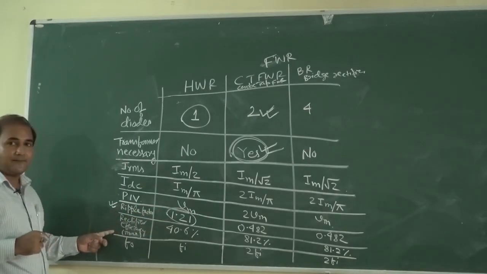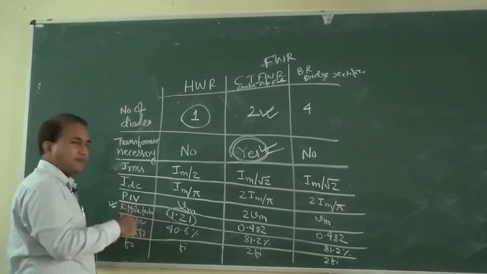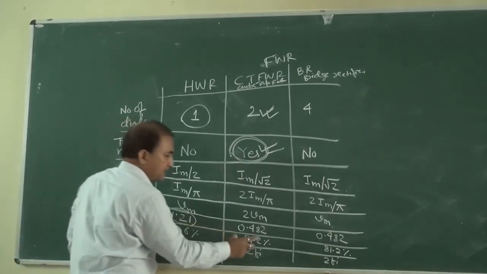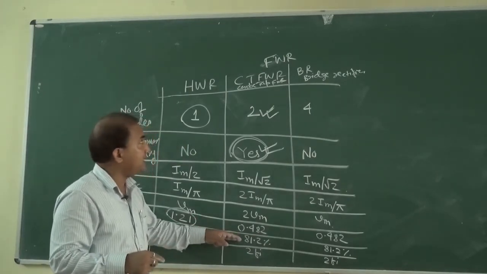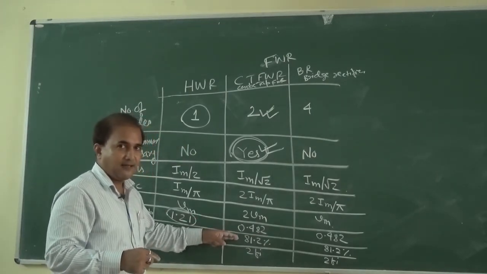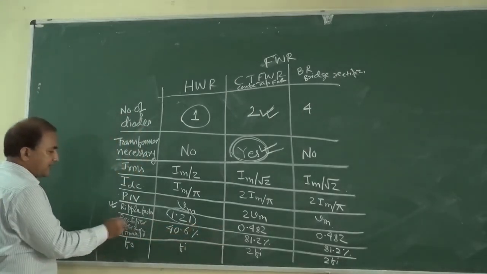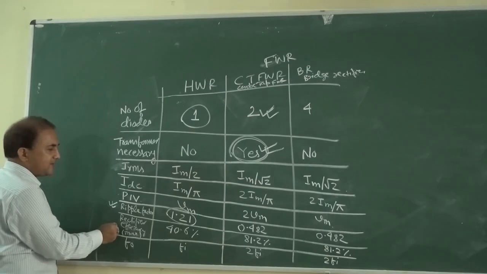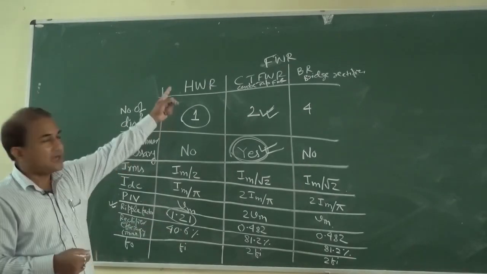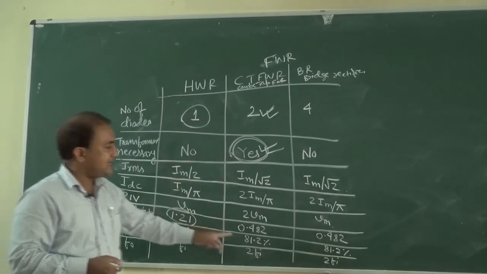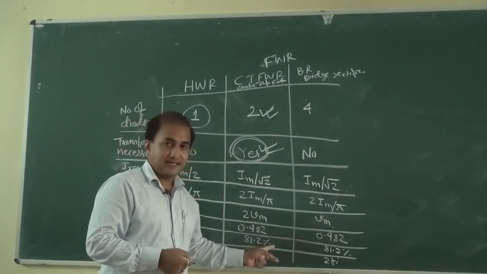Then rectifier efficiency, the same logic applies: the DC component is more in full wave rectifier as compared to half wave rectifier. So the maximum rectifier efficiency is 40.6% in case of half wave rectifier, whereas in full wave rectifier it is 81.2% in both the cases.